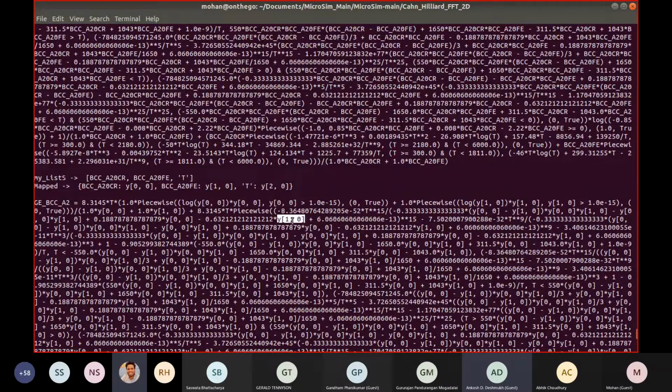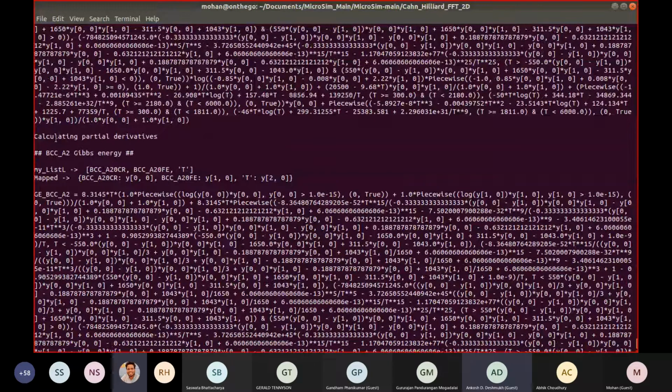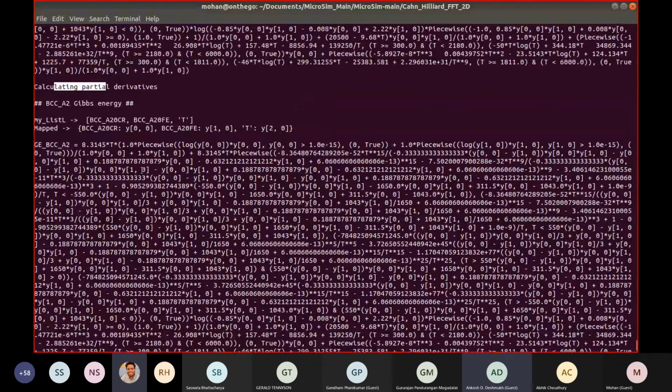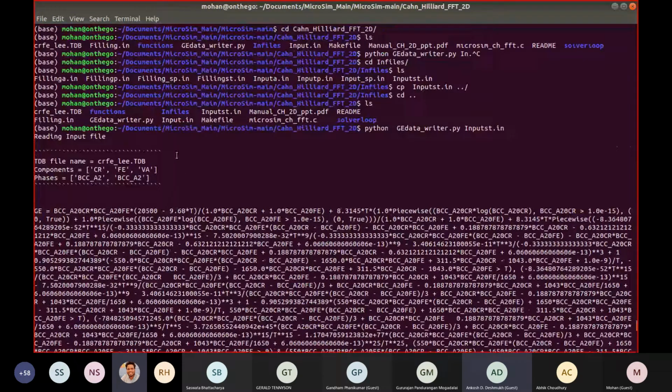We make that transition and calculate the derivatives wherever required, and similarly for the others. One thing I would like to mention is the components over here: the interstitial items and the sublattice information are essential, but they are already built into the TDB, so the user need not worry, that is taken into account.